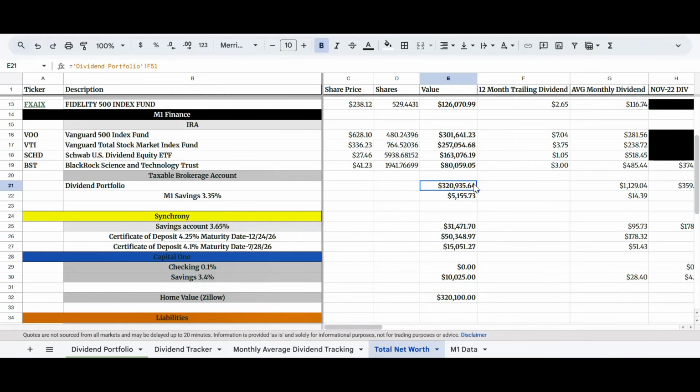This has everything all mixed in, all the 48 positions, but we can see right here, I have nearly 6,000 shares of SCHD here, and then I put in the 12-month trailing dividend of 1.0476. Now we can get my average monthly dividend from SCHD, and this is just in my IRA right there.